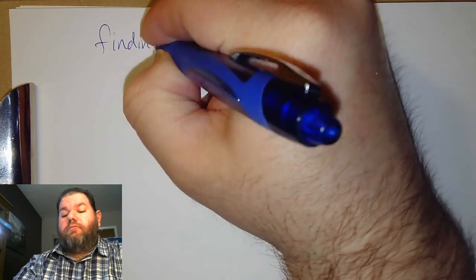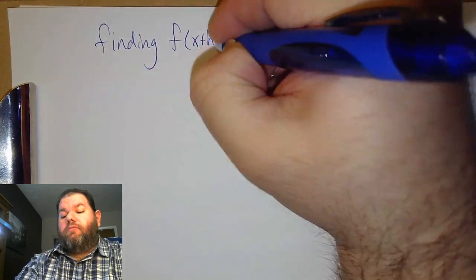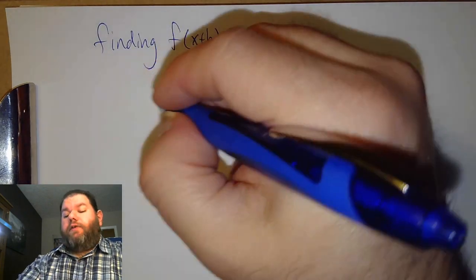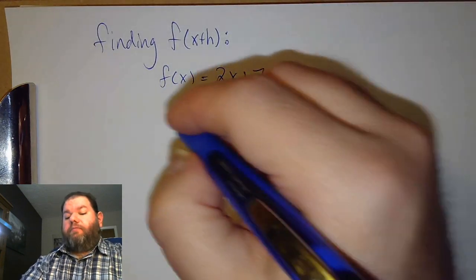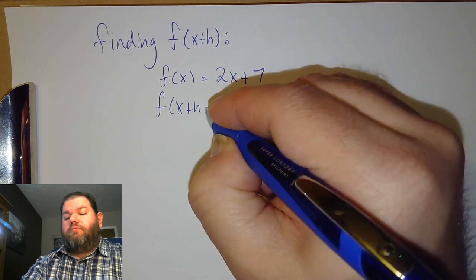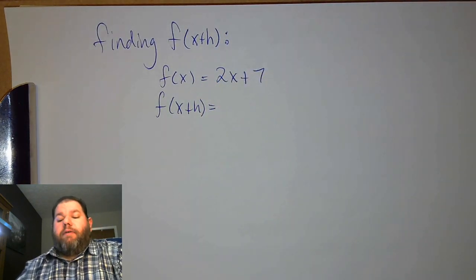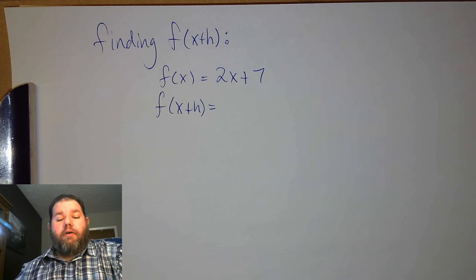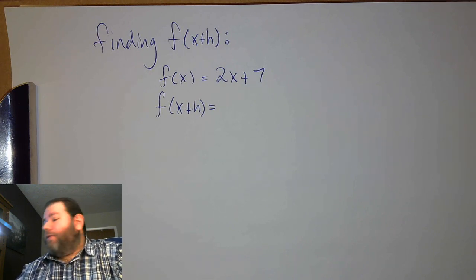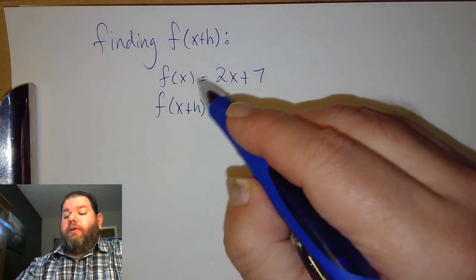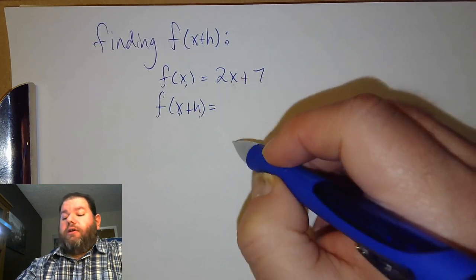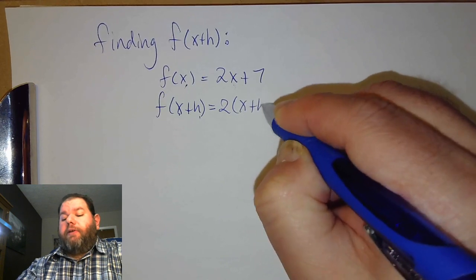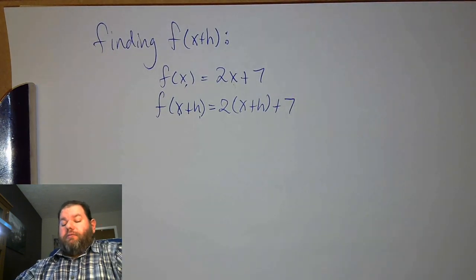So, for instance, if f of x is 2x plus 7, and we want to find f of x plus h, sorry, that means wherever x is, we replace it with x plus h. So x appears in one location, so we replace x with x plus h.